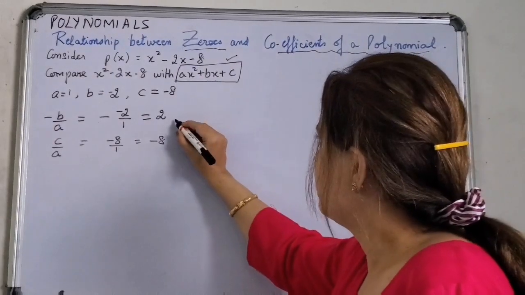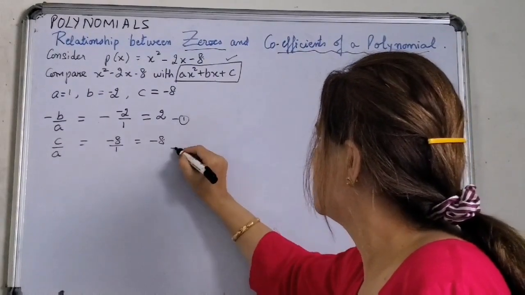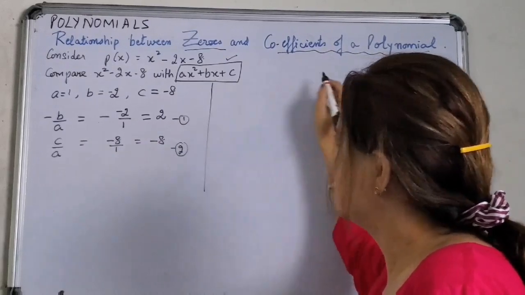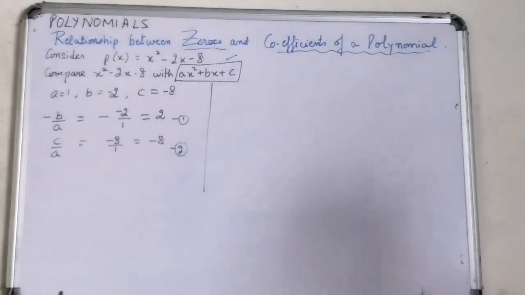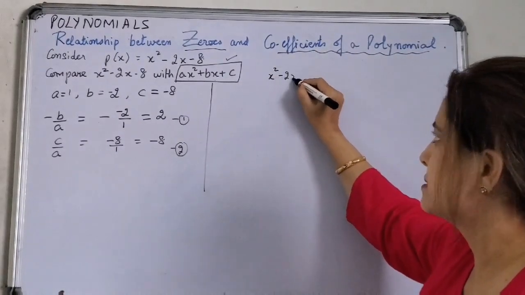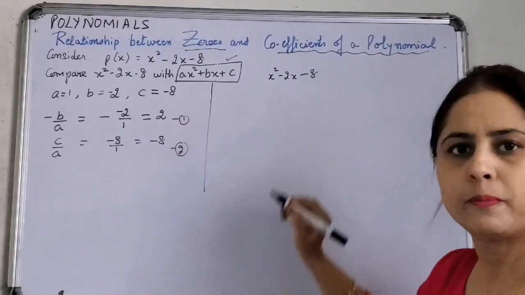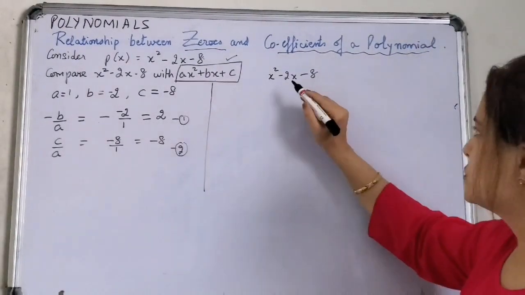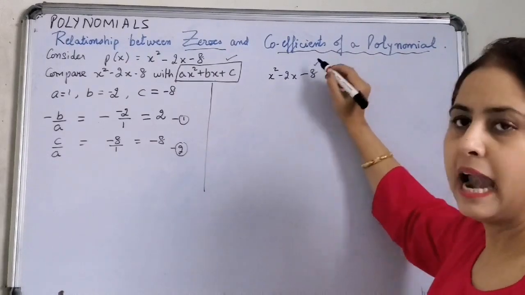Name this as 1 and this as 2. I am dividing the page into two parts, and on this side I'll work upon the zeros of the polynomial. The polynomial with me is x squared minus 2x minus 8. Now we are going for splitting of the middle term. For splitting of the middle term, consider 8 and the coefficient of x squared.